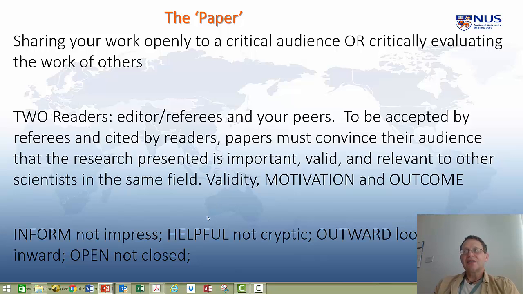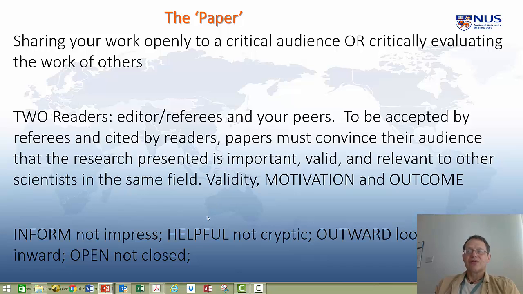Either way, to be accepted by referees and hence published, as well as cited by readers, your papers must convince their audience that the research you are presenting is important, valid, relevant to other scientists in the same field.